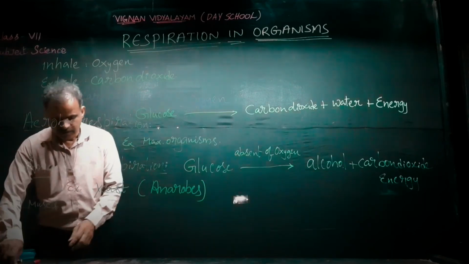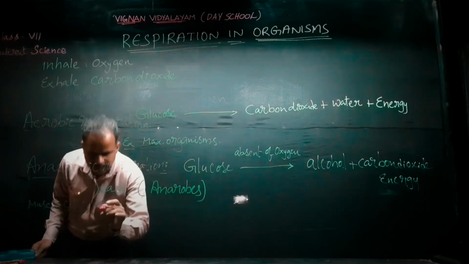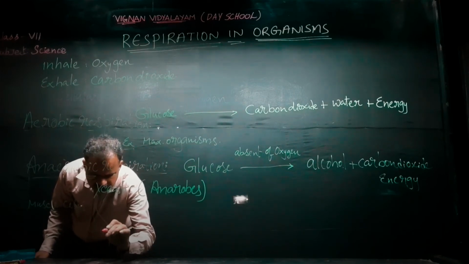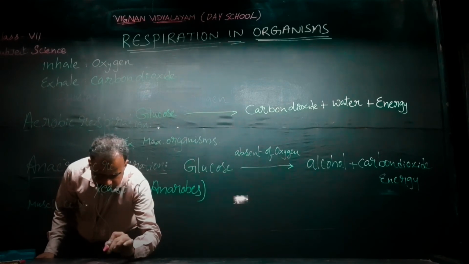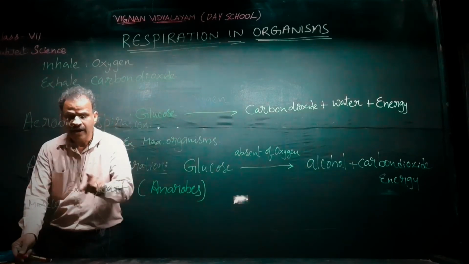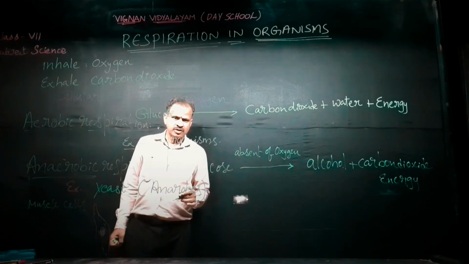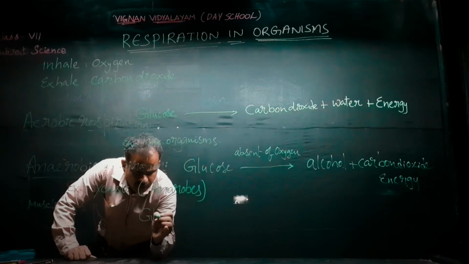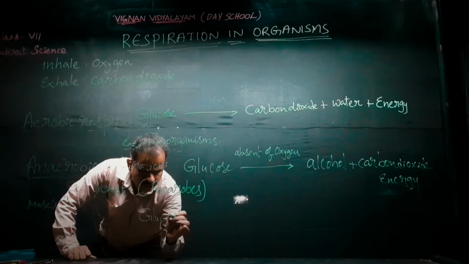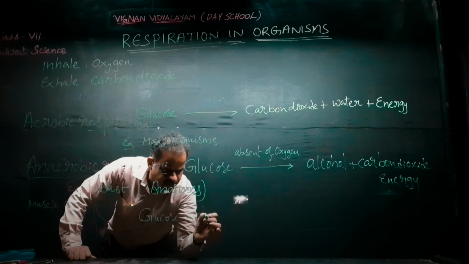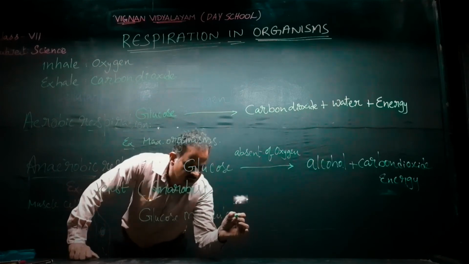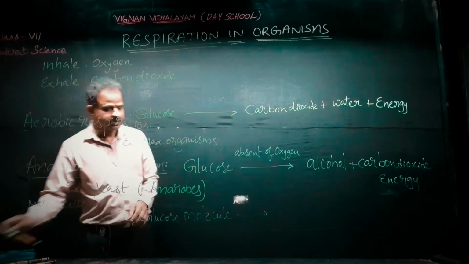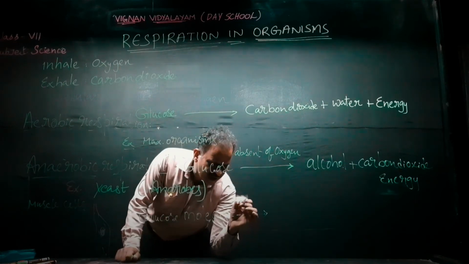This is the shape of the muscle cells here. The muscle cells in the human body respire anaerobically. Then what will happen? Children, here the glucose molecule splits in the absence of oxygen.